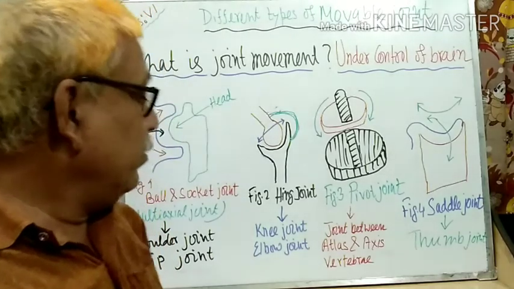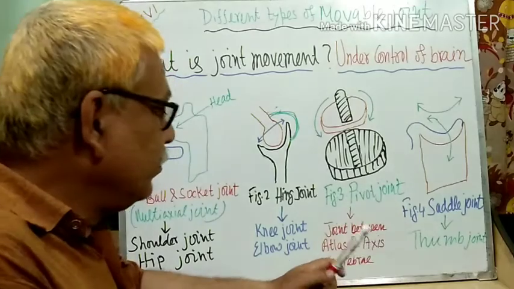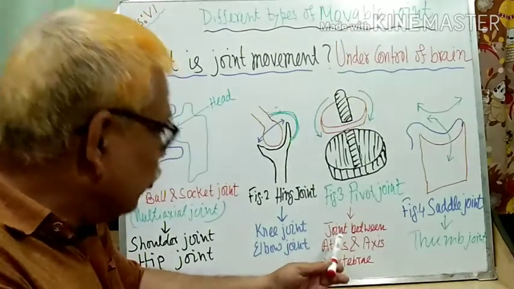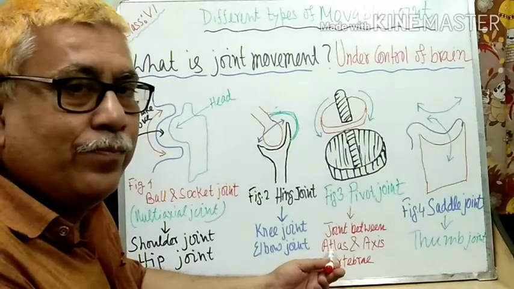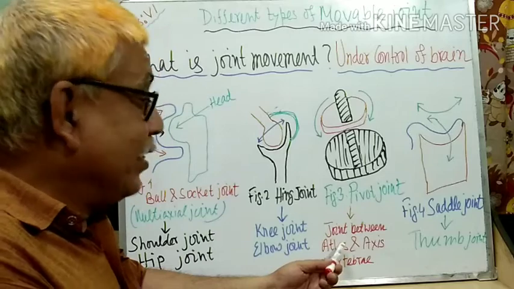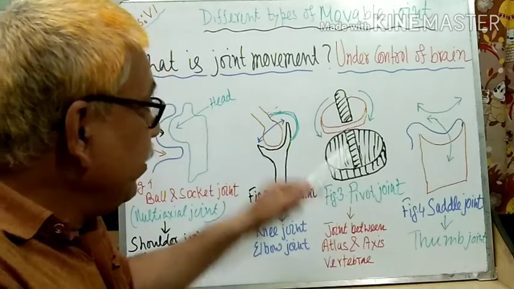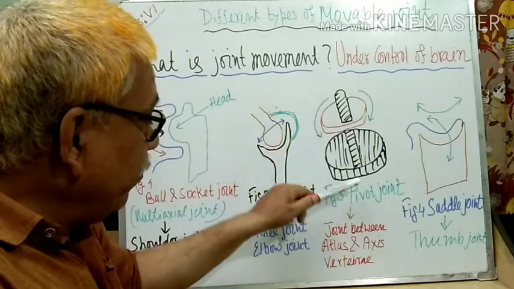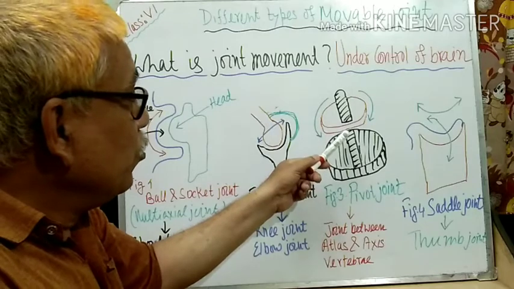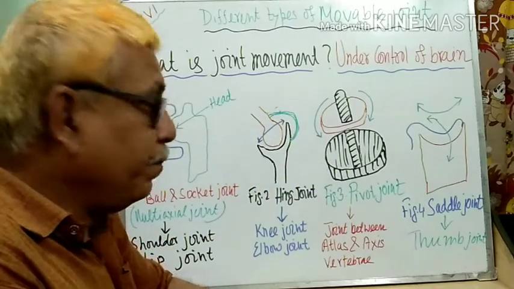This occurs due to the fact that our skull is attached with atlas, and atlas surrounds or rests on the pivot of axis vertebra or axis bone, so we can move our head.